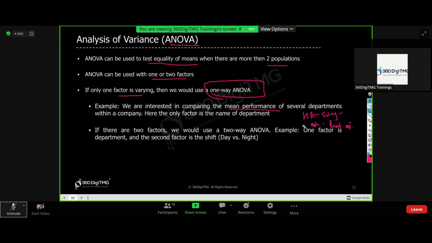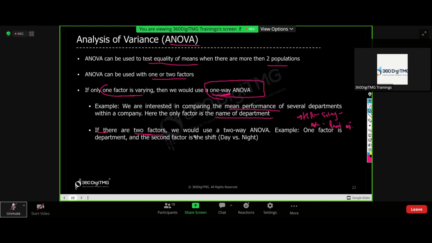So here what is the factor? The name of the department. One factor is there, so you will apply one-way ANOVA because there is only one factor. And what is that one factor varying? The performance of each of these departments.